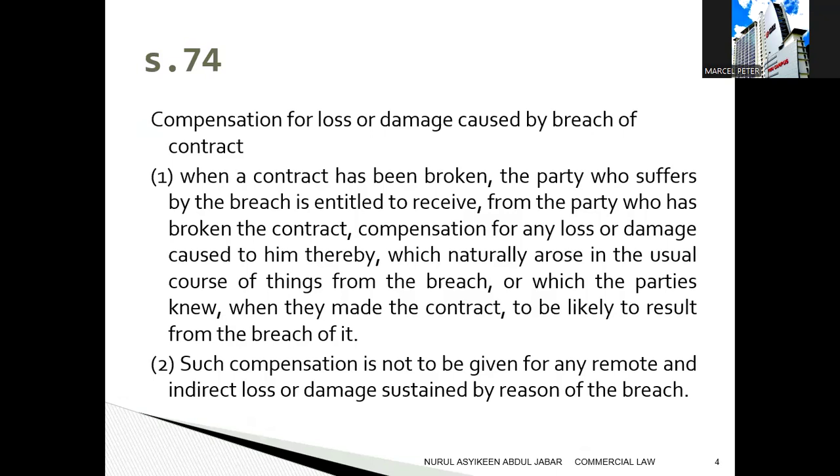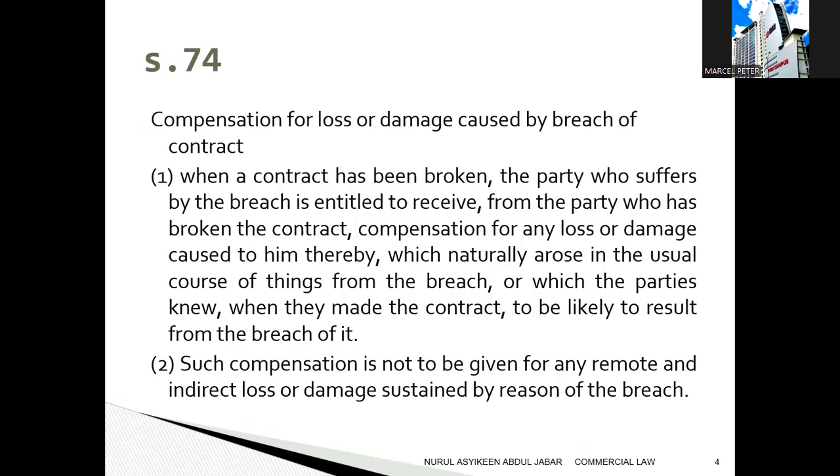However, this compensation is not unlimited. It only covers losses that, number one, naturally arise from the breach, or number two, were known by both parties at the time the contract was made to be likely to happen if the contract was breached.